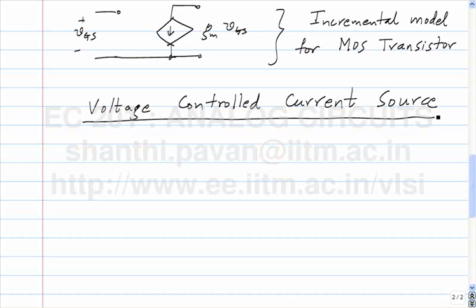If I want a voltage controlled current source, I need something where I out is V in by some R. V in is the input voltage, I out is the output current, and what is the input impedance of an ideal voltage controlled current source? Infinity. What is the output impedance of an ideal voltage controlled current source? Also infinity. Okay. So fine.